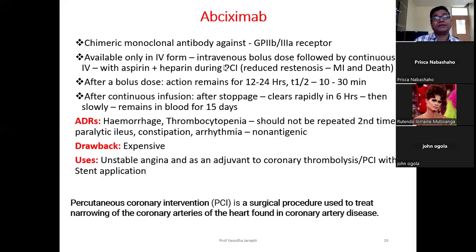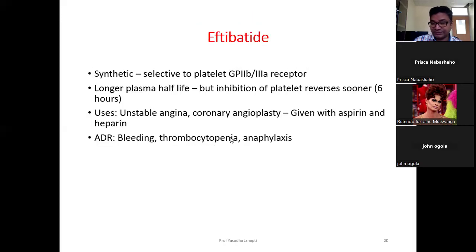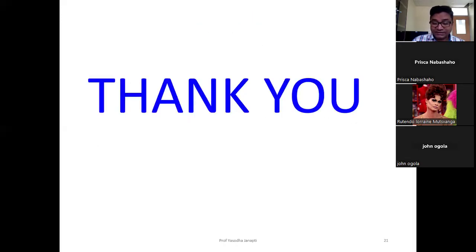The side effects of all these drugs are hemorrhage and thrombocytopenia. So these are very dangerous drugs, that's why they need to be given in the presence of a doctor. These are the drugs. So this is my class. Any doubt, please?